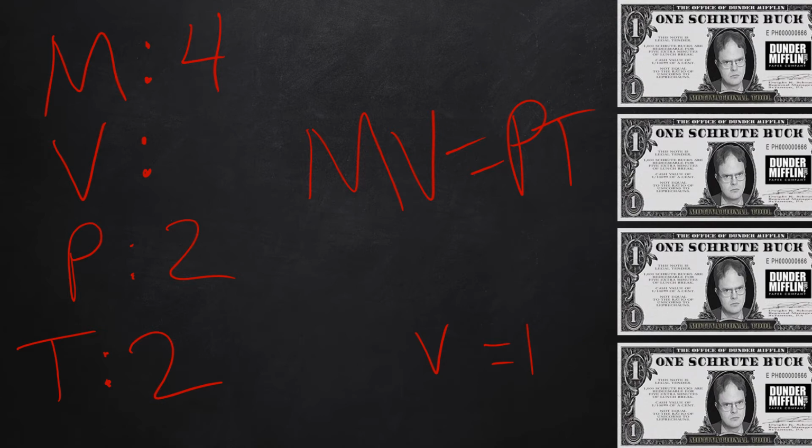If you can understand 3 of the variables, you can solve for that last variable, as we did here with velocity, which is usually the variable that most students have a little bit of a hard time understanding at first. But this equation of exchange is everywhere true because it is true by definition. Let's do one more example to test to see if you understand the equation of exchange and these relationships.